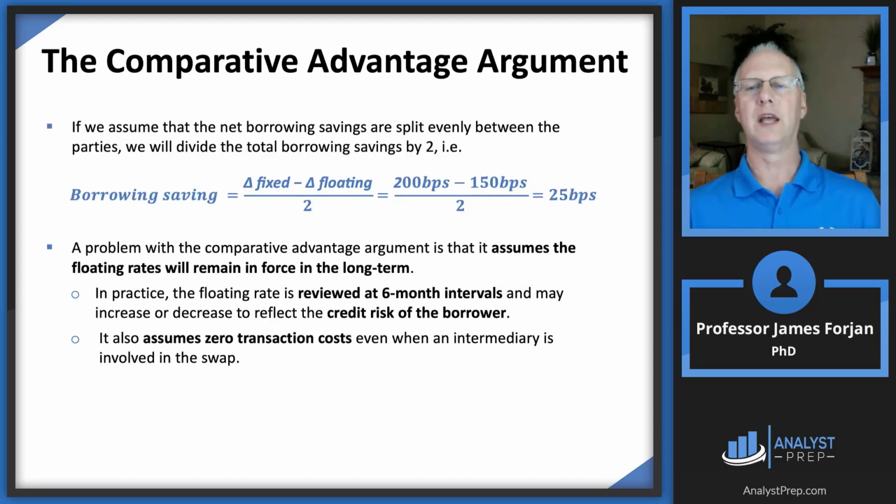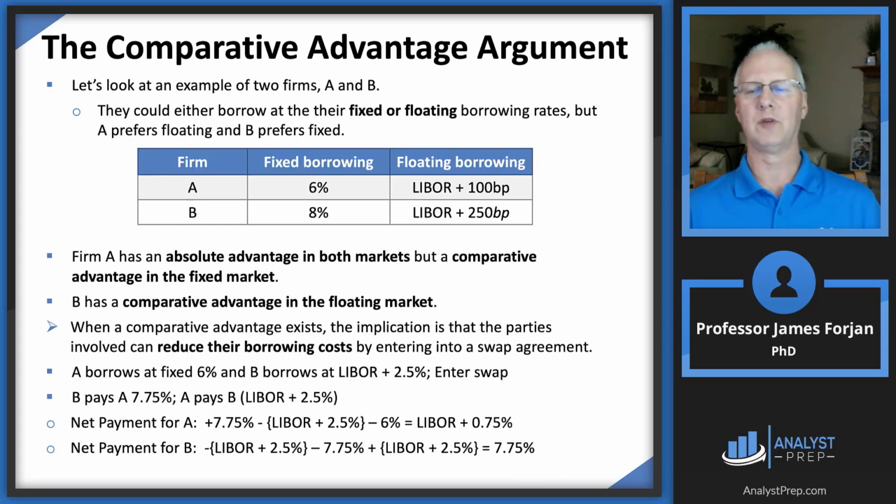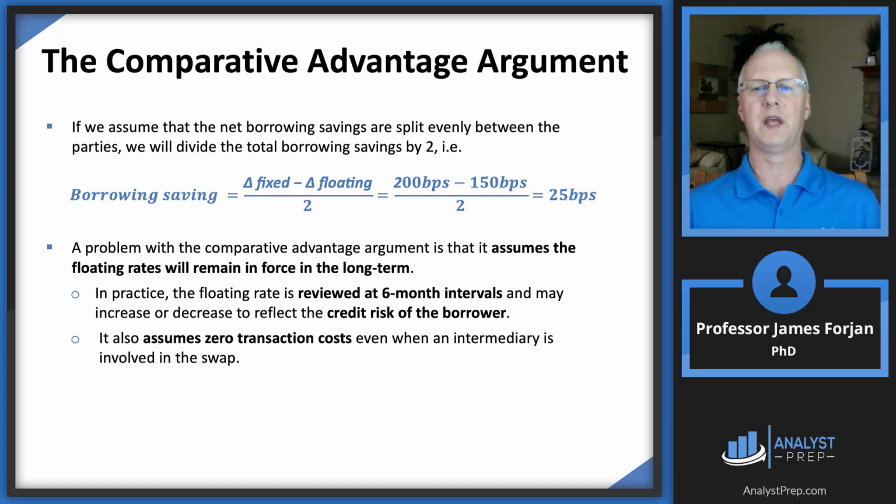And then LIBOR plus 100 and LIBOR plus 250, so that difference is 150. So there's a 50 basis point possibility of savings, and if we evenly chop that in half, we get 25 basis points on both sides. Now, of course, it doesn't have to be evenly split, but for argument's sake here, it provides us with a much simpler example.